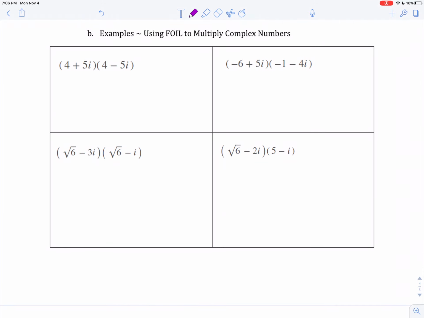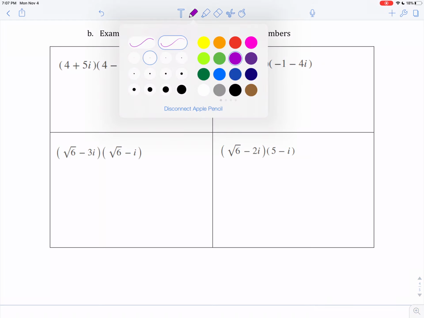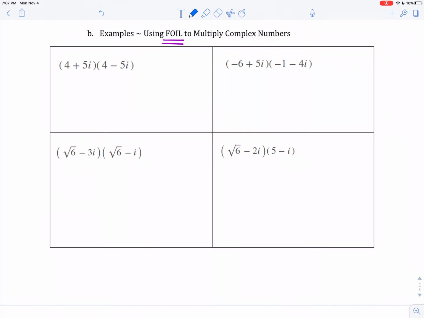This also applies to using FOIL. We used the FOIL method already when we were multiplying with radicals. The same thing applies to complex numbers. So if I want to multiply two binomials, I start with the first terms. 4 times 4 is going to be 16. Then I go to my outer terms. 4 times -5i is -20i.